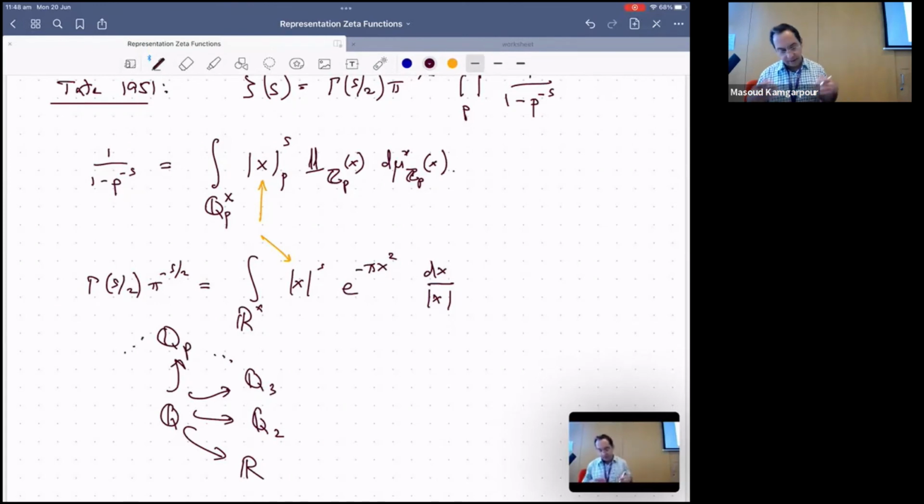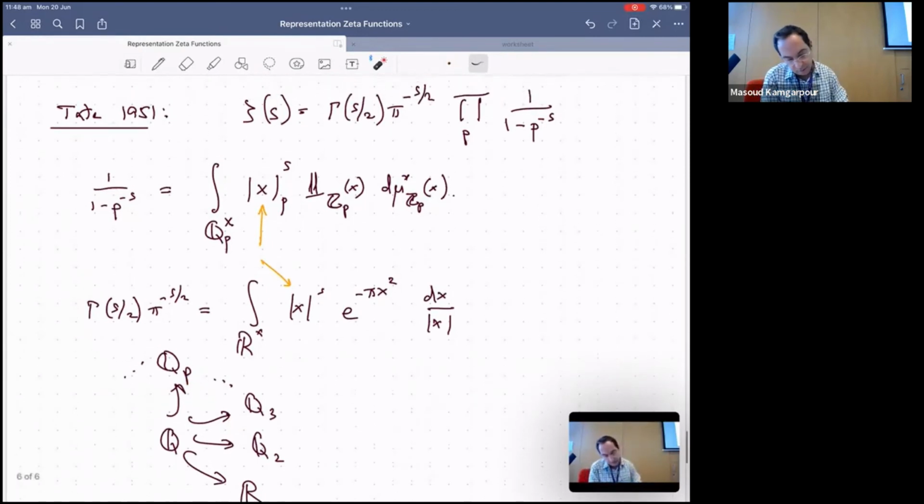And by the way, a theorem of Ostrowski says that these are all the possible completions of the rational numbers. So this is the collection of all the completions of the rational numbers. And what Tate did, he related all the factors in the completed Riemann zeta function to harmonic analysis over these locally compact fields.